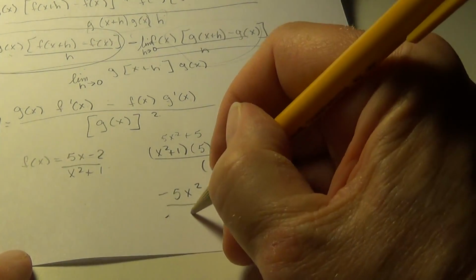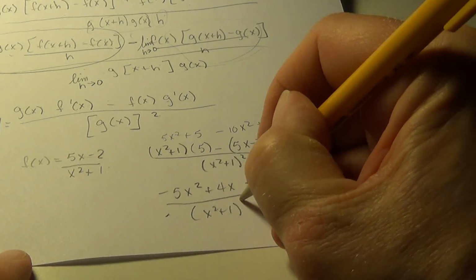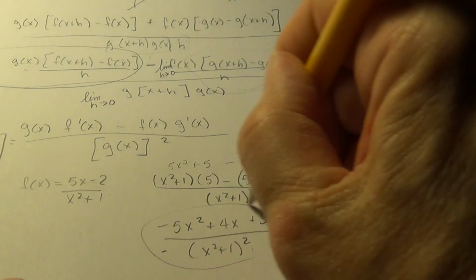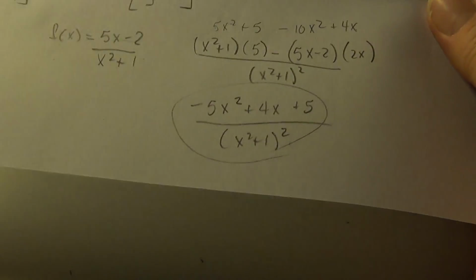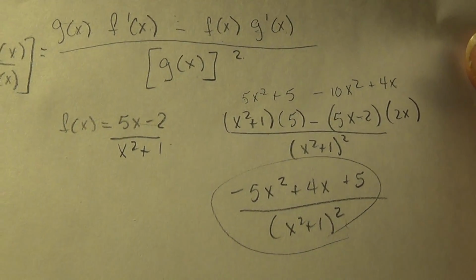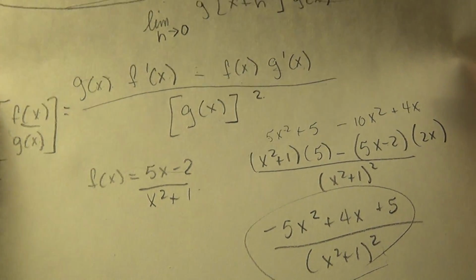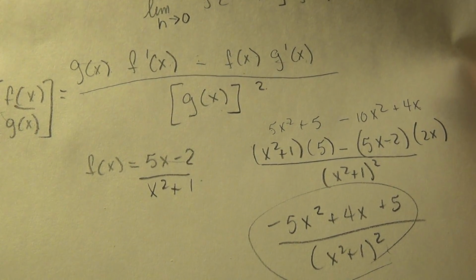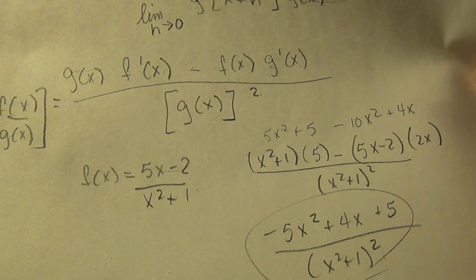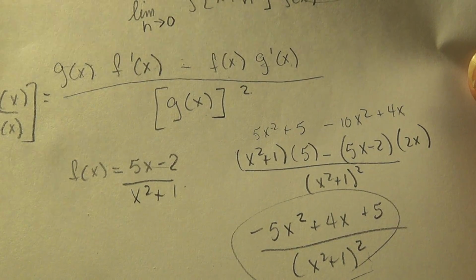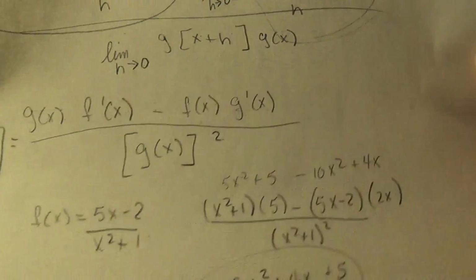And I'll just leave the bottom unaltered. So cleaned up the top and left the bottom like that. So that's how you use this rule. Again, the bottom times the derivative of the top minus the top times the derivative of the bottom all over the bottom squared.